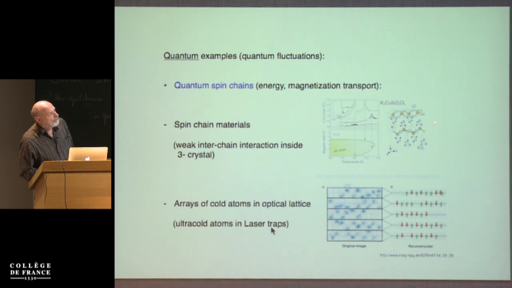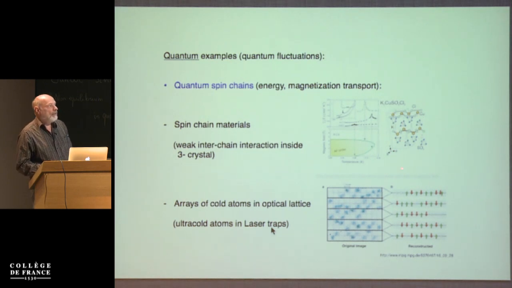However, here you can see a kind of two-dimensional presentation of a certain chemical compound, where you have chains which have little interaction in their perpendicular direction with other chains. Therefore these chains are quasi-one-dimensional. And you can measure all kinds of quantities, although the picture is bad and they are not so important here, just to illustrate that such materials exist and that people can make experiments on them.